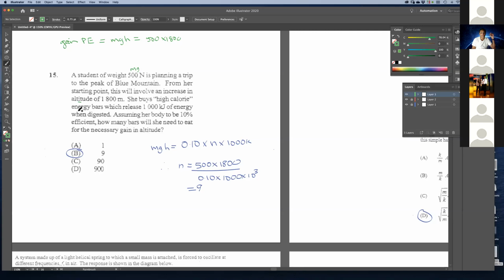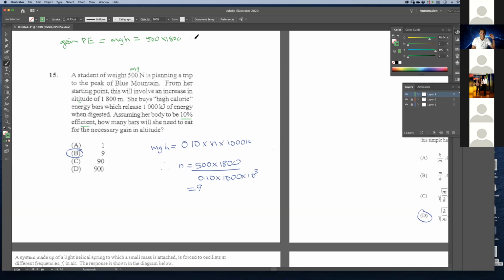She buys a high calorie energy bar that releases 1000 joule of energy when digested. Assuming that the body only uses 10% of that energy, how many bars does she need to eat?